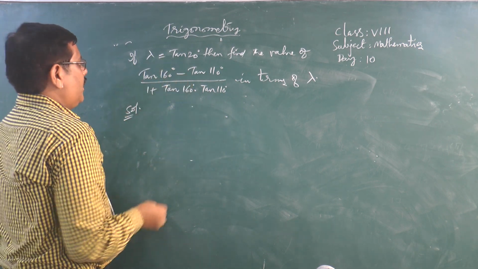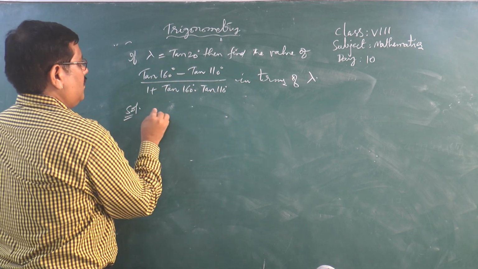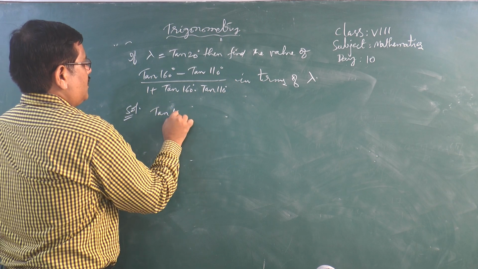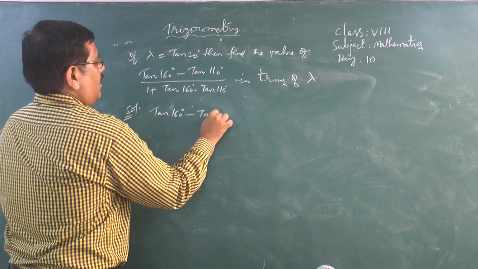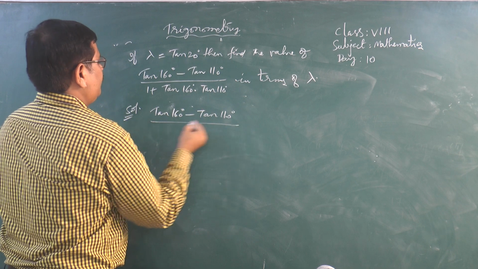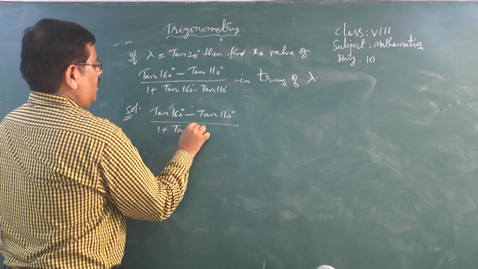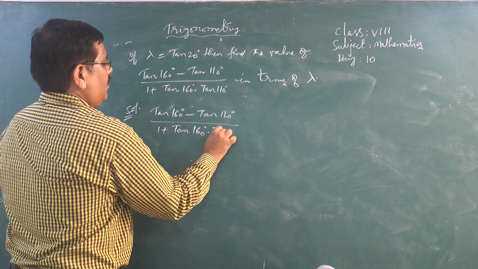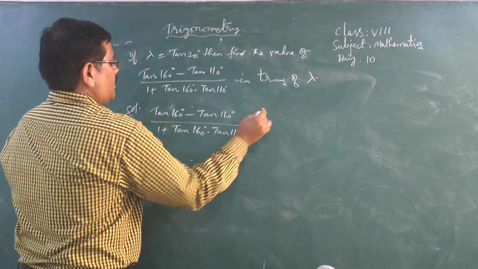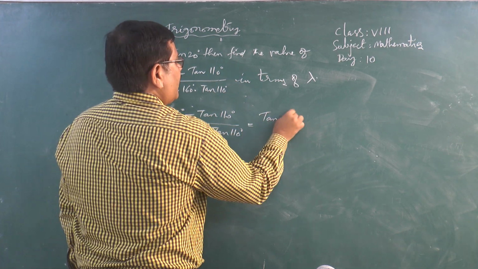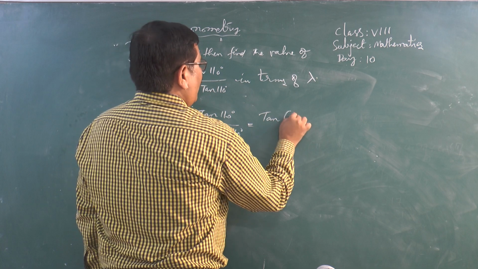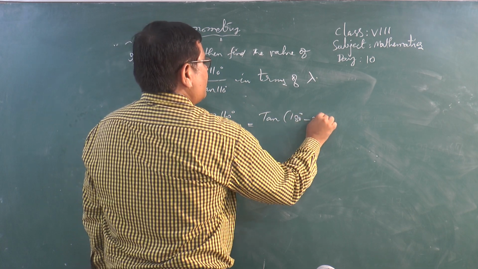Lambda is tan 20 degrees. First, let us take tan 160 degrees minus tan 110 degrees upon 1 plus tan 160 degrees into tan 110 degrees. Tan 160 we can write as tan of 180 degrees minus 20 degrees.